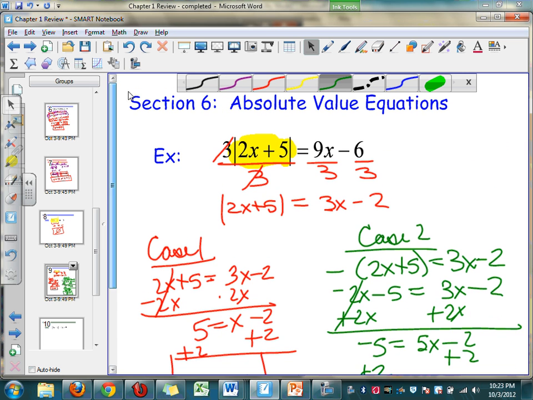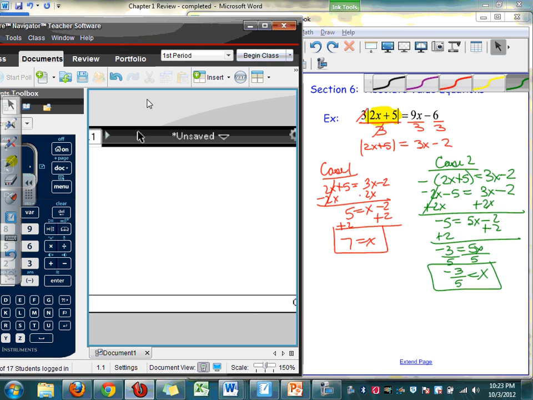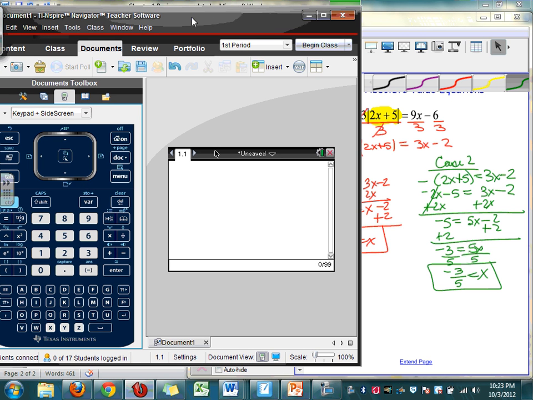So my original equation is this right here, and my answers that I got is going to be, I'm going to plug it in exactly the way I see it.